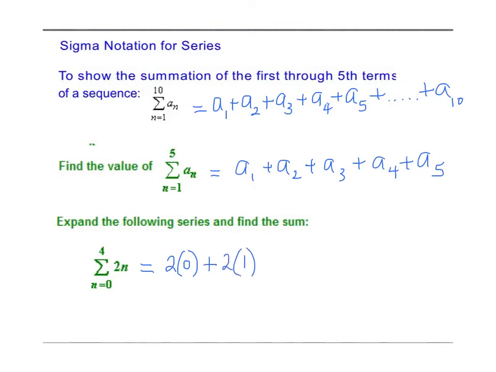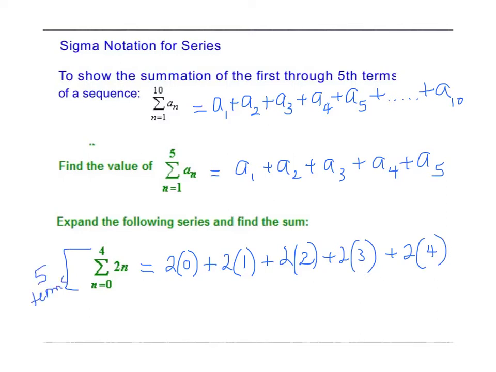So here's 1 and 2, 3, 4. And I wrote them all out because I want you to see that from 0 to 4 is 5 terms. If I go from 1 to 5, 1, 2, 3, 4, 5, that's 5 terms. So the starting number is going to tell you how many terms.